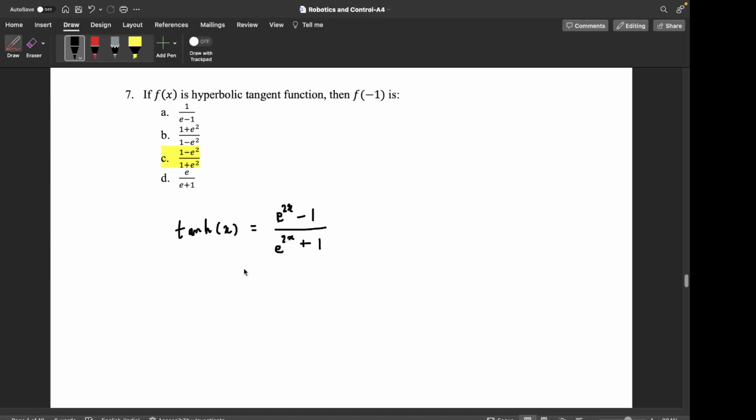What you have to evaluate is at minus 1.